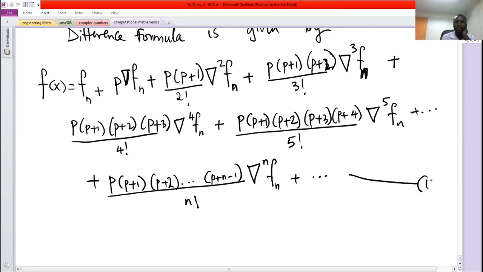So let's call this one formula 1. So this is the Newton backward, where x is given by x naught plus ph. This is how x and p are related.